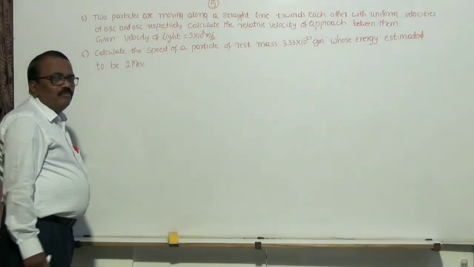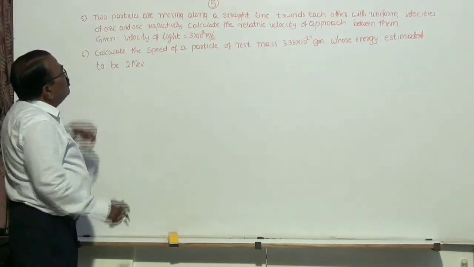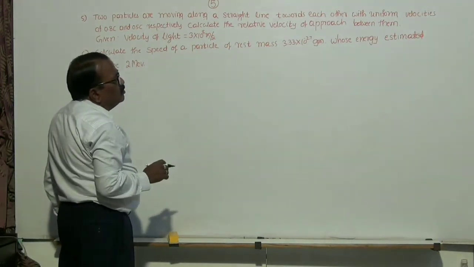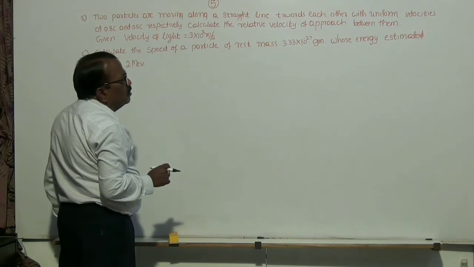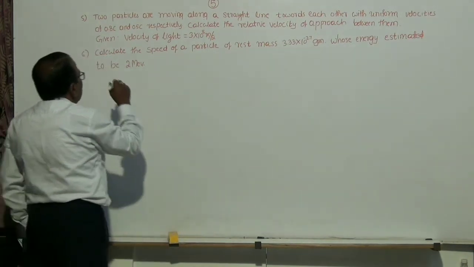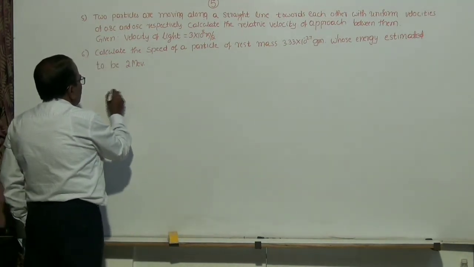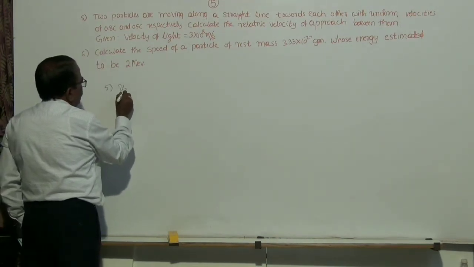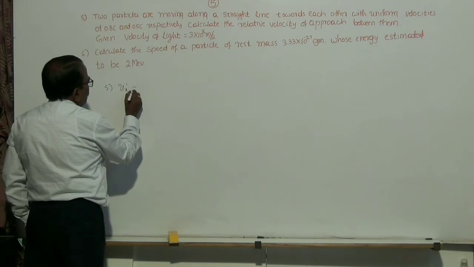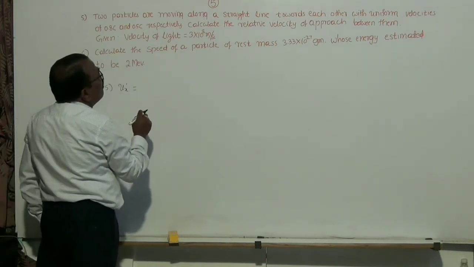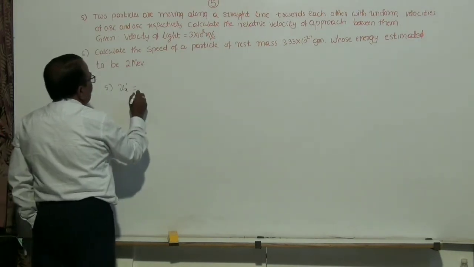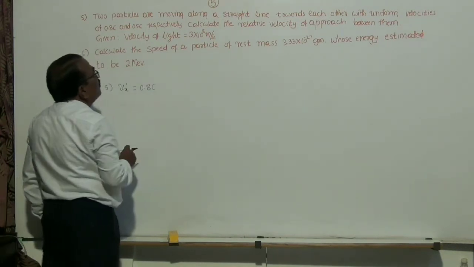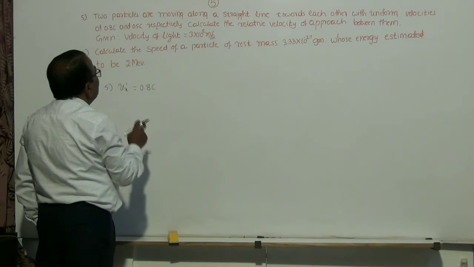Now the fifth example is, two particles are moving along a straight line towards each other with uniform velocities. Again, ux dash is 0.8 c and 0.5 c.